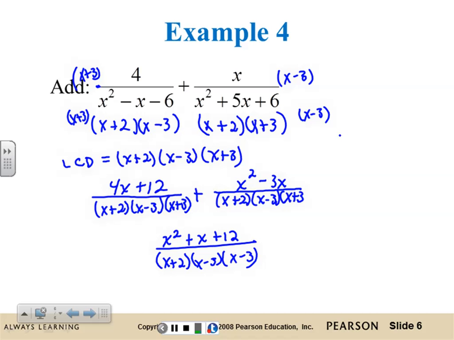Okay, so now I need to see if I can factor anything. Right here, this is a trinomial, my leading coefficient's 1, and I need to think, is there anything I can multiply together to get 12, but add together to get 1? And the answer is no, so this is my answer.